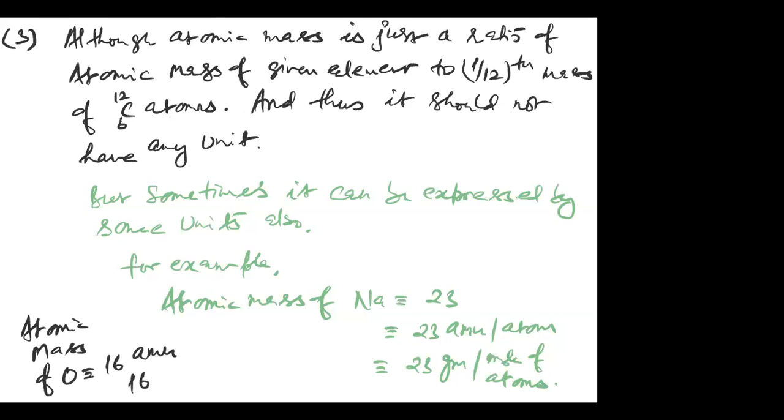If it is written as 16 grams, then it is the mass of 1 mole of atoms. So whatever mass is given, if it is given in terms of AMU, it is the mass of one atom, and if it is given as 16 gram, it is the mass of 1 mole of atoms. The fourth point you can remember is volume.